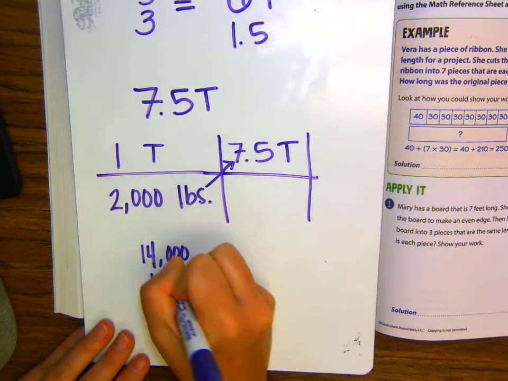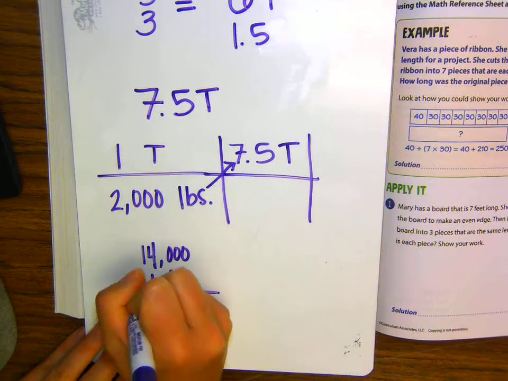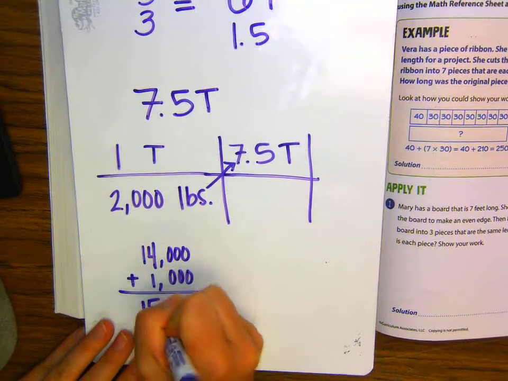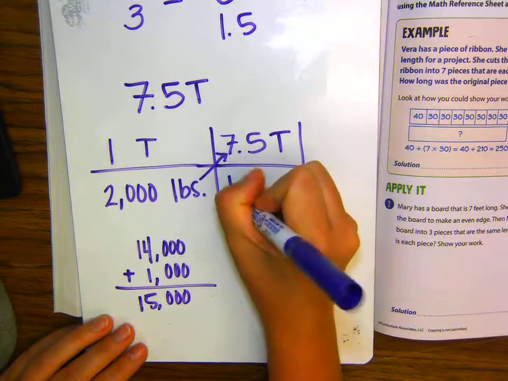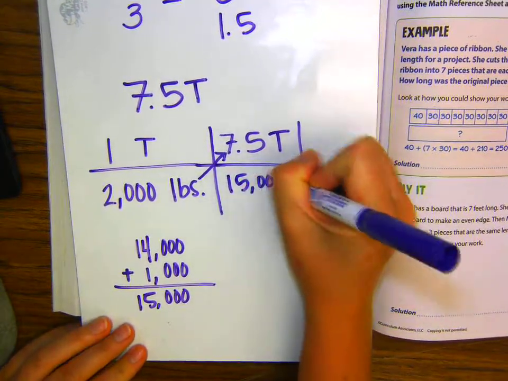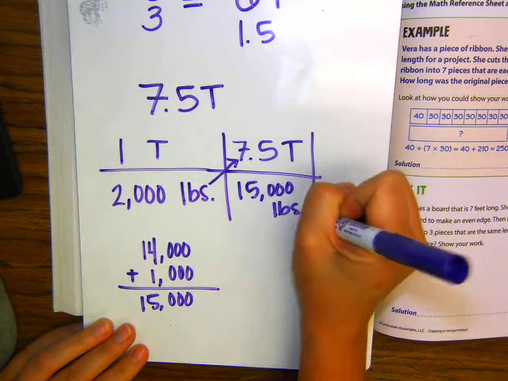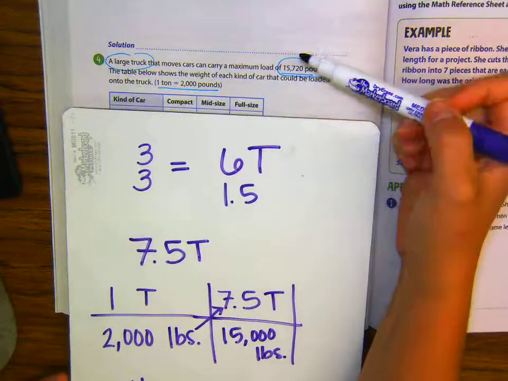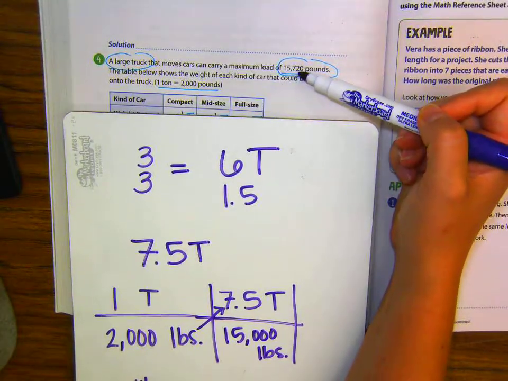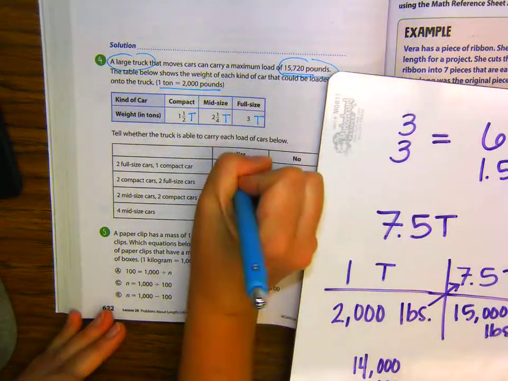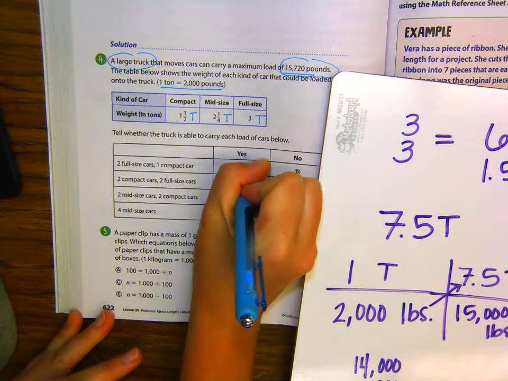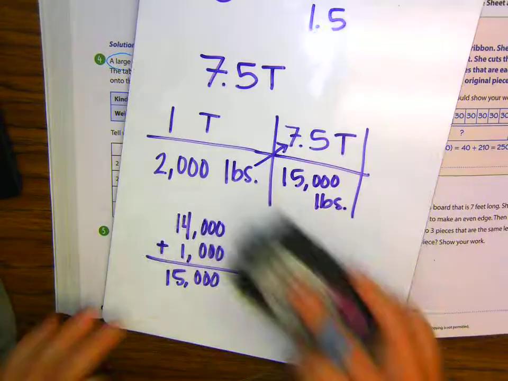So I'm going to add another 1,000 to my 14,000. And I know that 7.5 tons is equivalent to 15,000 pounds. Okay, and how much can a maximum load carry? 15,720. So that is, yes, that will work.